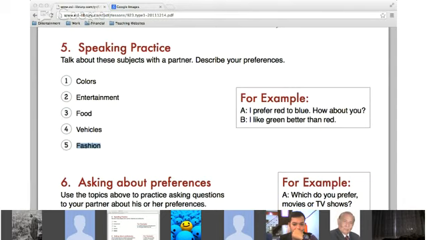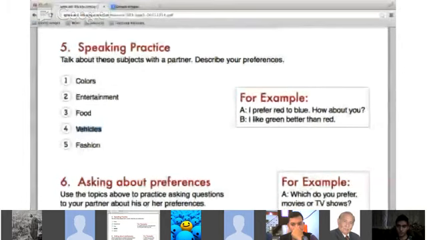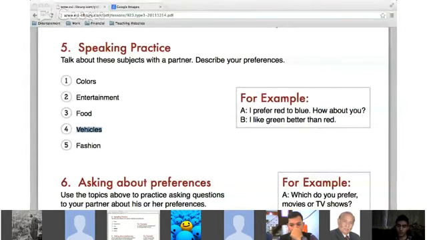Let's go to Alberto. Alberto, vehicles. Would you rather travel by airplane or by train? I'd like to travel by train. Okay. All right, and Andre? Yes.